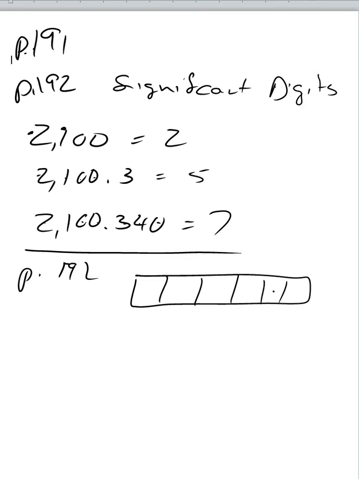So we have 1 inch, 2 inches, 3 inches, 4 inches, 5 inches, 6 inches, and I go to measure something, and I tell you that it's 3 inches in length. Really, it could be anywhere from here to here. So I could be off by about a half inch.